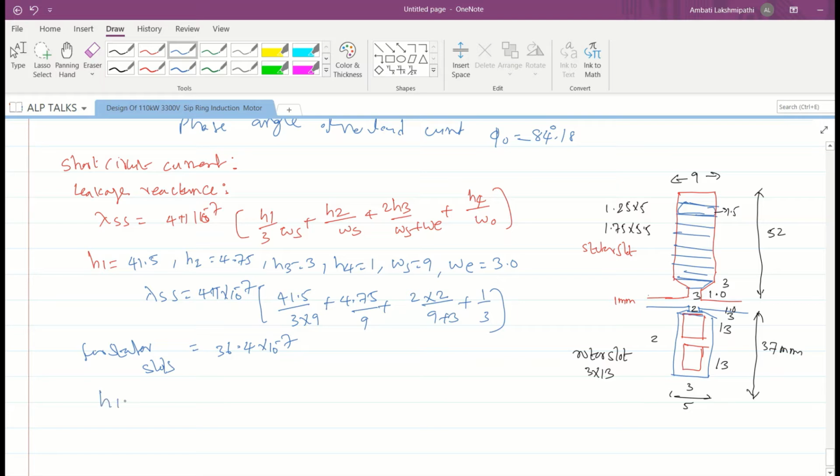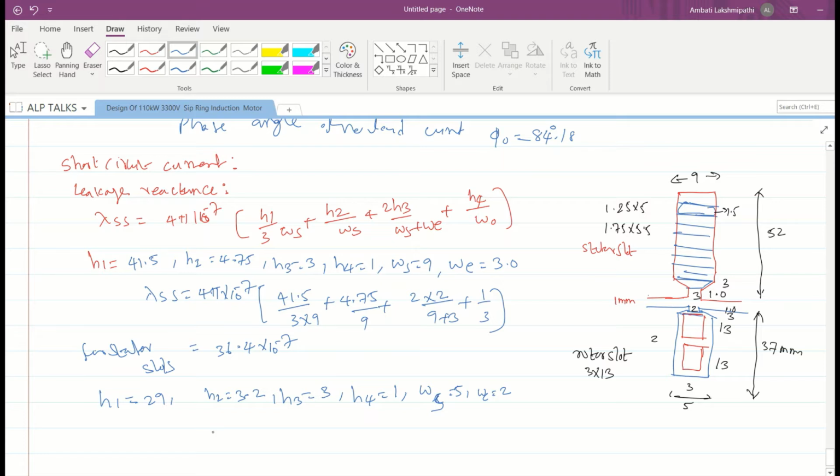Similarly, for rotor slots we can calculate it. Let's write the parameters for the rotor: h1 is 29, h2 equal to 3.2, h3 equal to 3 and h4 equal to 1, ws equal to 5 and we equal to 2, this is the slot actually.